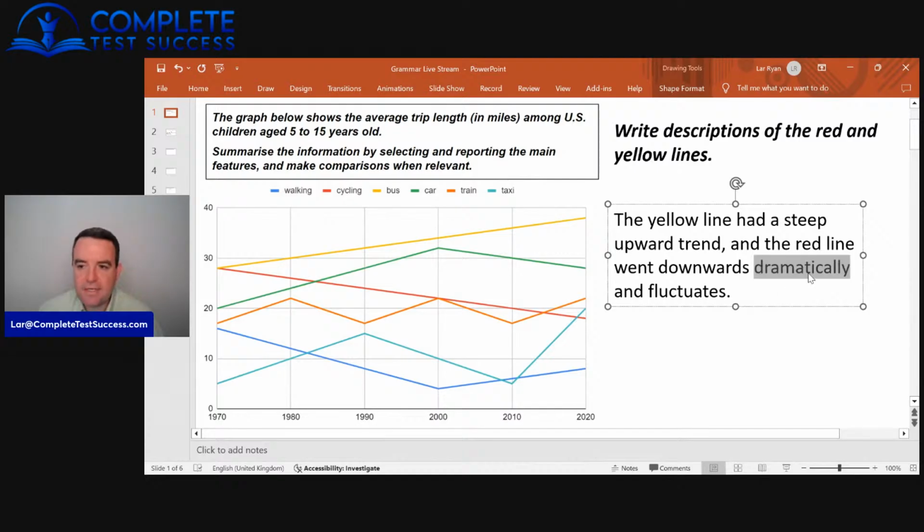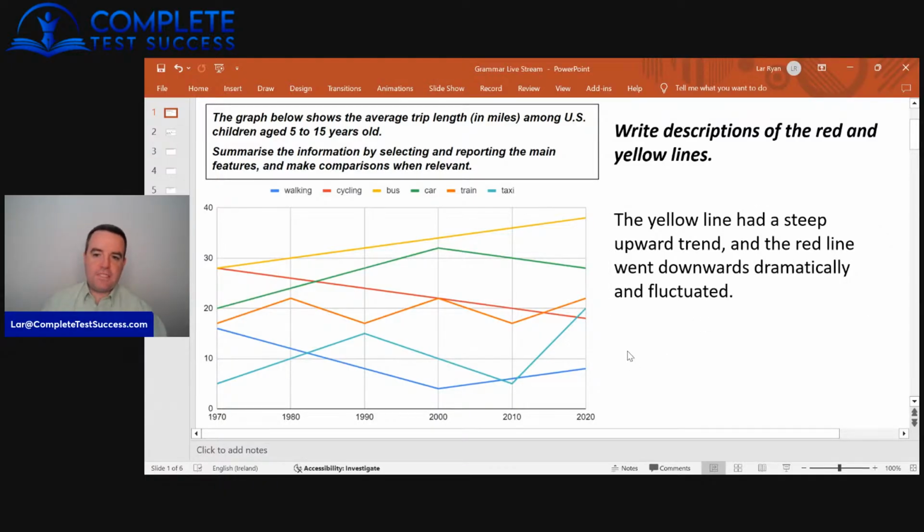Now this time, "dramatically" is an adverb, but it's describing the verb "went". So this time we have an adverb describing a verb. That's okay. So the red line went downwards dramatically and fluctuated, because it's in the past. So quite a few mistakes there with the grammar.